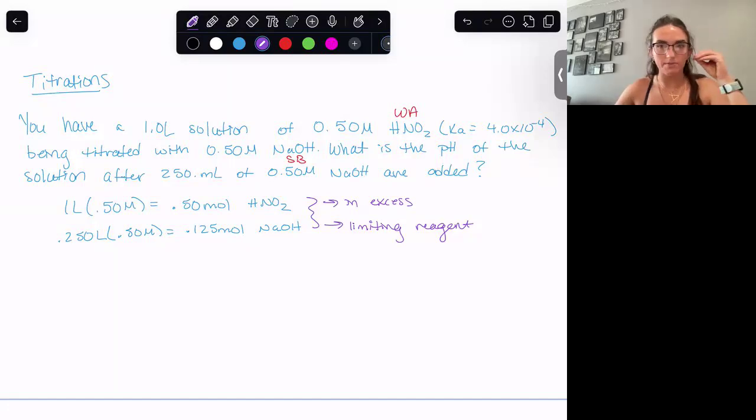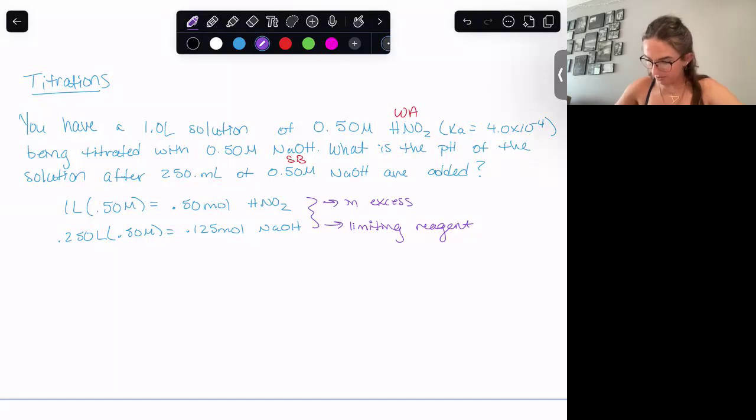So those will be used up together, in order to create your products. You will use up all of your sodium hydroxide in a 1-to-1 ratio to your HNO2.